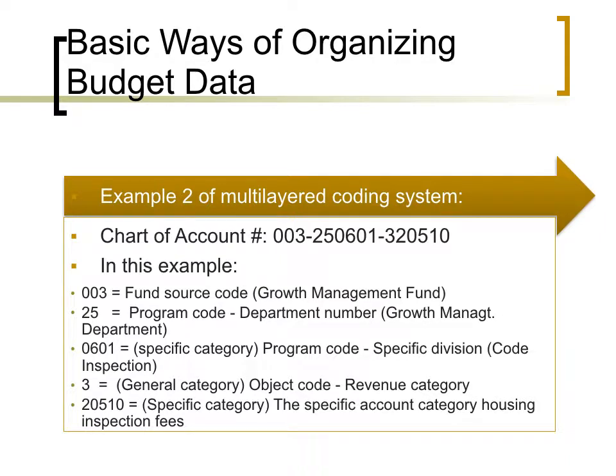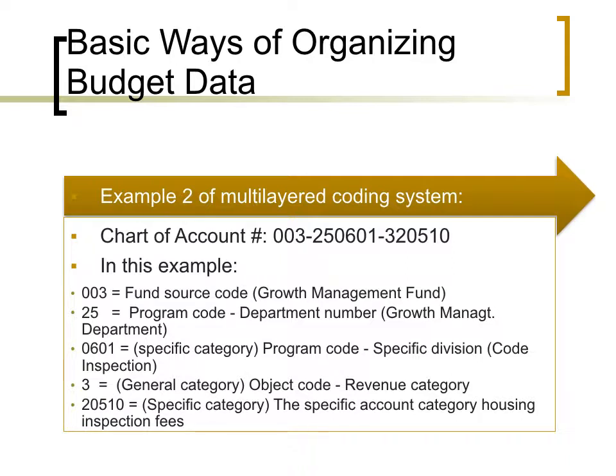Another example would be if we had 003. In this scenario, 003 stands for the Growth Management Fund. 25 is the Growth Management Department. 0601 is the program code for code inspection or code enforcement. Now, looking at the third set of numbers, you'll notice that our number starts with 3.